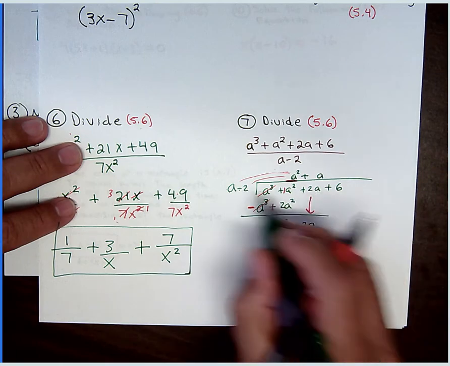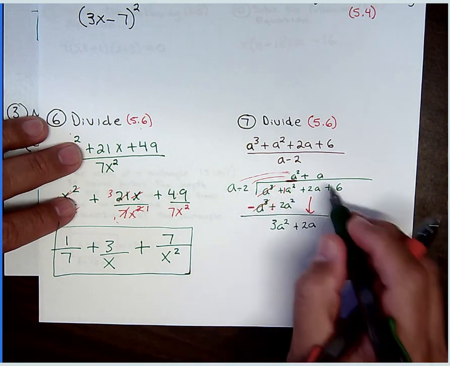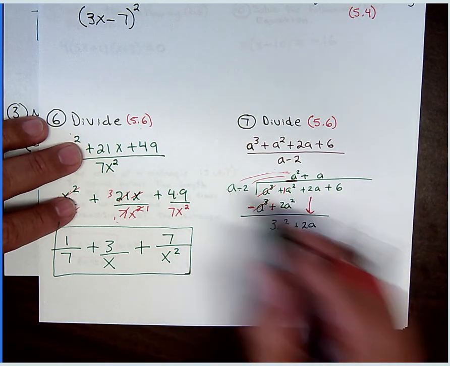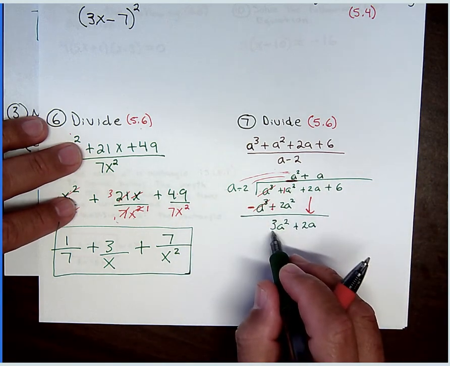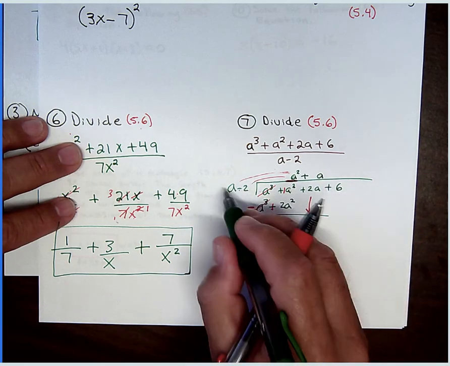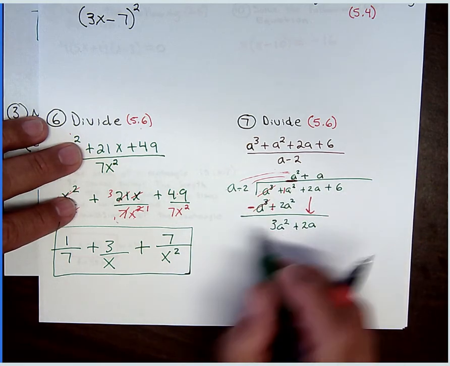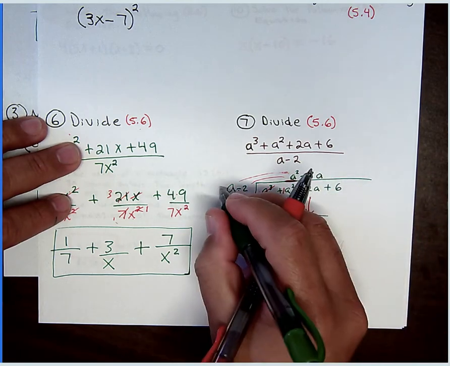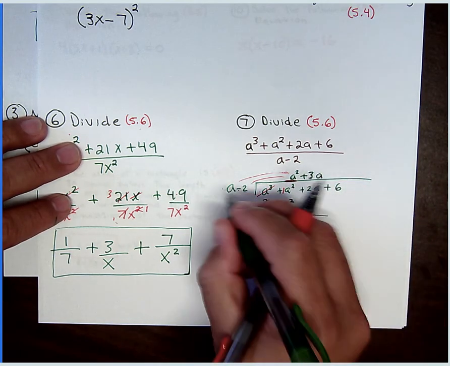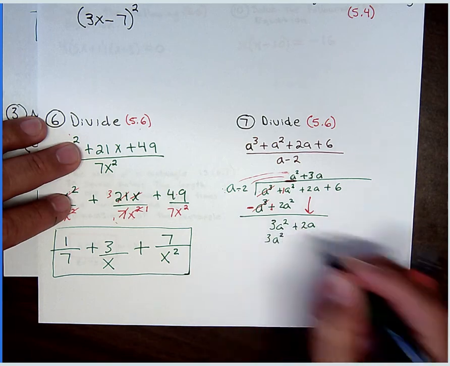Now we need to make this one look like that one. We have the a, right? A times a gives you that a squared, but we need the 3, so we're going to multiply this by 3. 3 times 1 gives you 3. A times a gives you a squared.